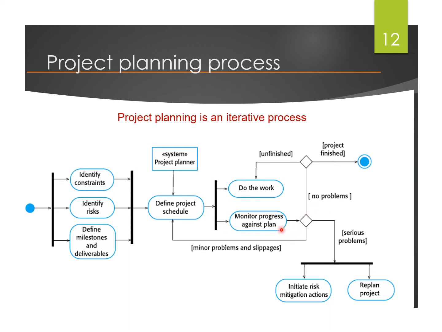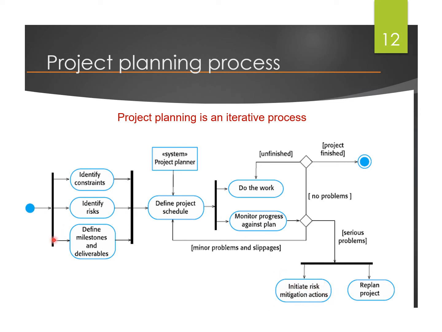And then if the problem is so serious, so far behind schedule, that the project manager could not handle it, they will normally have another meeting with the management to find different ways to solve the problem, either by replanning the project again, or by initiating risk mitigation.